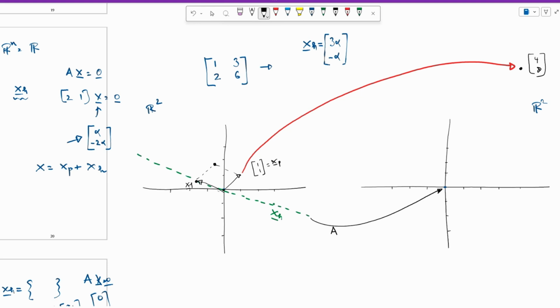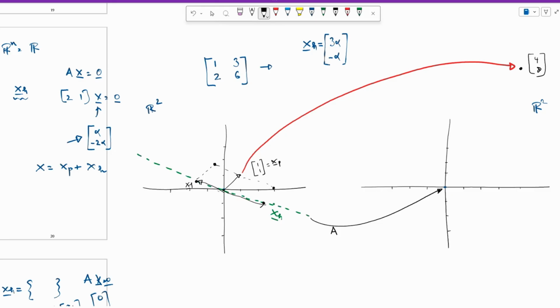Can you give me another point? Well, you choose another point in the homogeneous solution. I've chosen this vector. I'll choose this. Then that means I add this vector to my particular solution. It'll produce this.